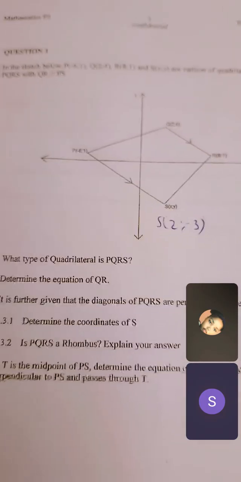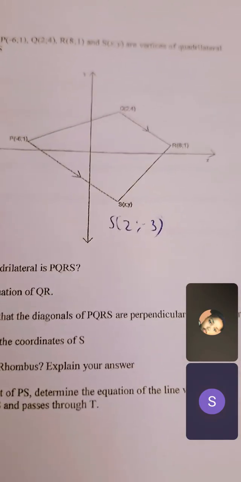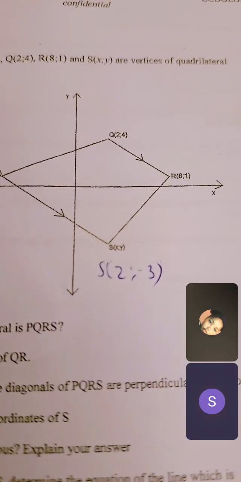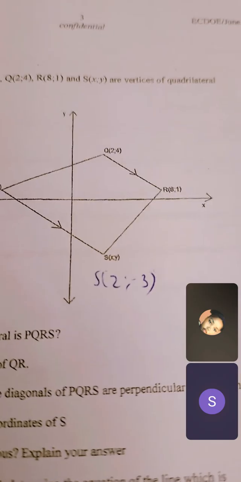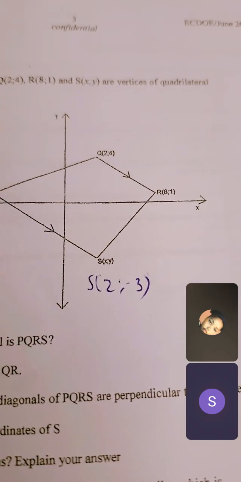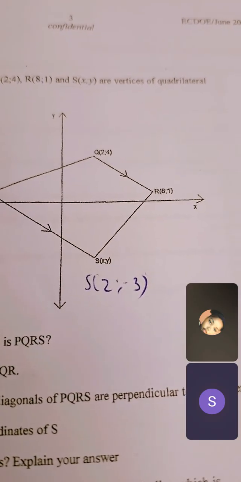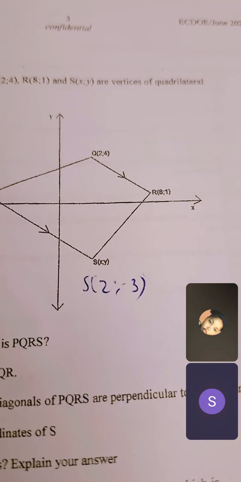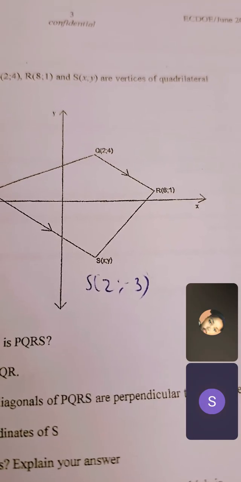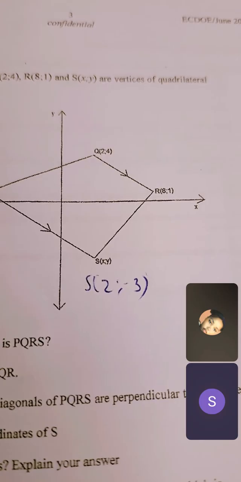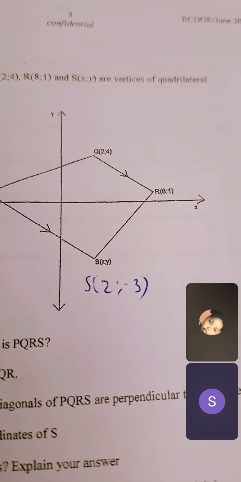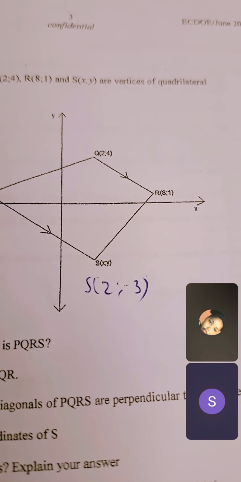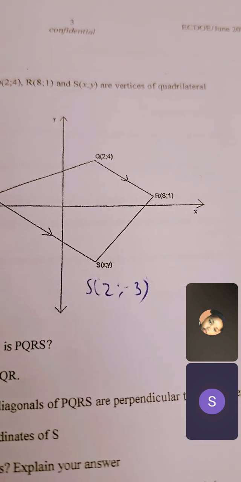What did you guys get? So for the midpoint of SQ, what do you guys get? I got 2 in the x values and 1/2 for the y. Okay, so you got 2 and 1/2.